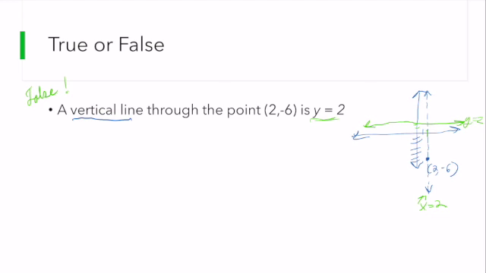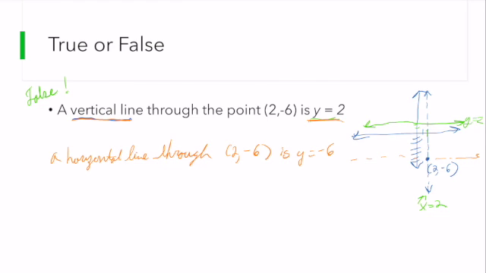Why don't we practice correcting it? There's two different ways to correct it because we have two things that were wrong here. Vertical line, y equals 2. Okay? So we could say a horizontal line through 2, -6 is, will that be here where y equals -6?